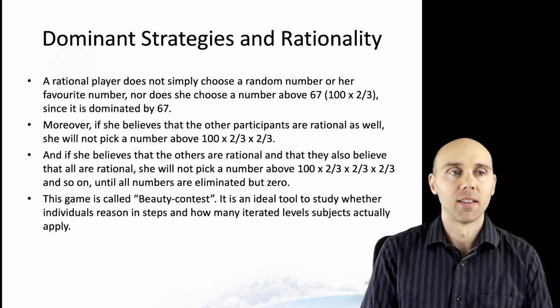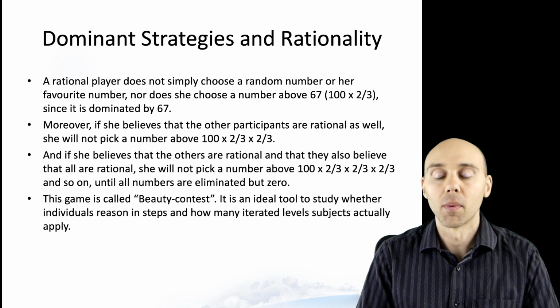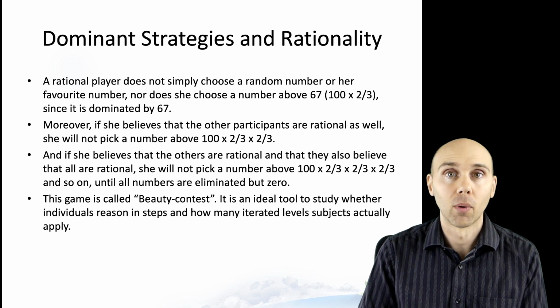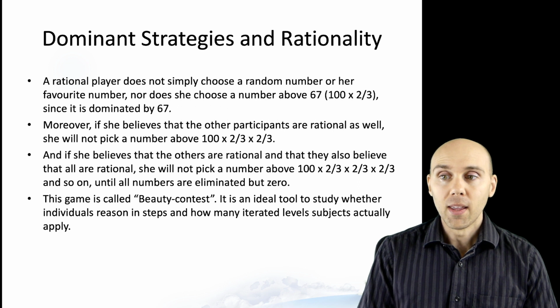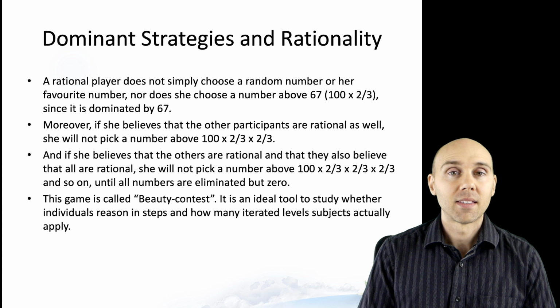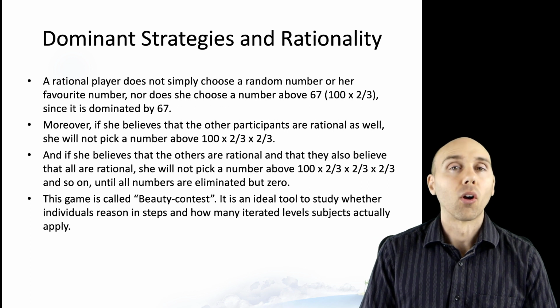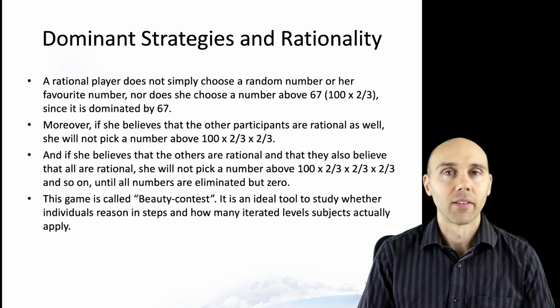As we spoke before, it's strictly dominated by choosing 67 itself, where at least you get some small possible chance of winning. But if you believe that other participants are rational, then you believe they are not going to choose anything above 67 either.